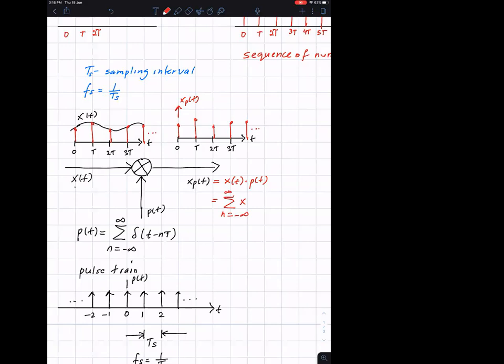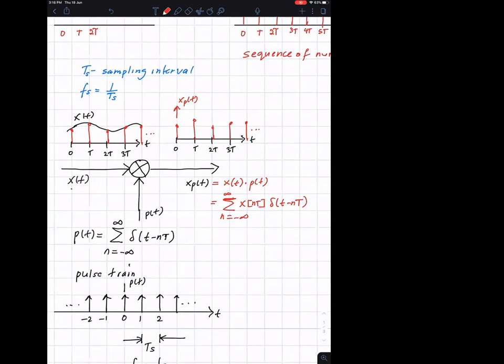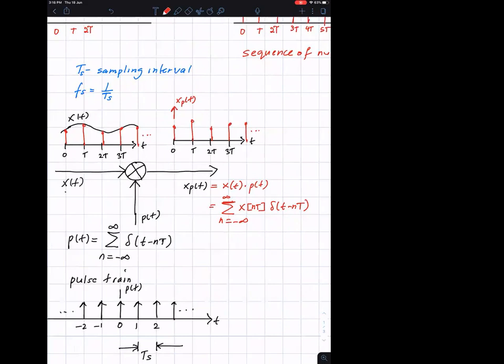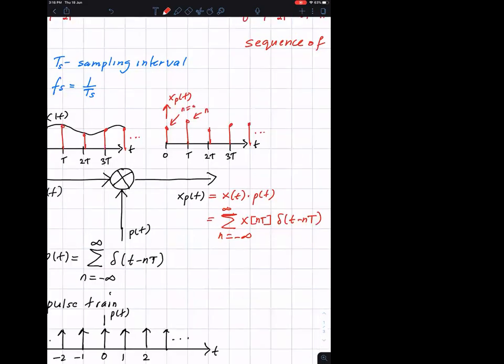That's going to give you a sum of the sampled signal multiplied by the pulse train. For example, when n equals 0, you're here. When n equals 1, you're right here. When n equals 2, you're here. That's how it works.